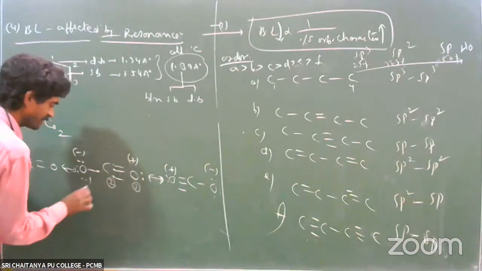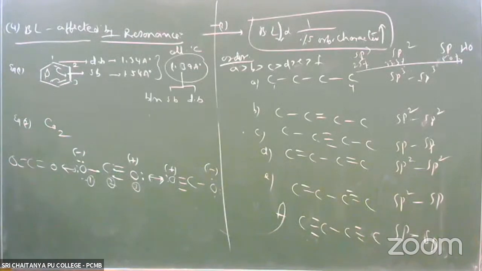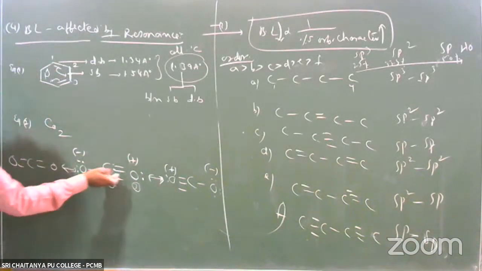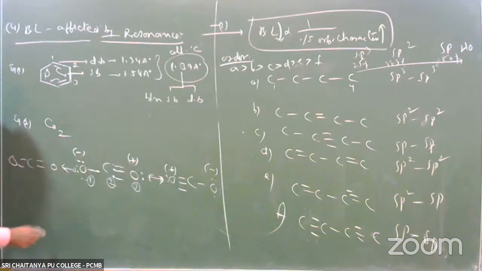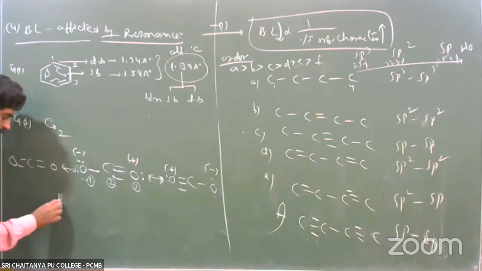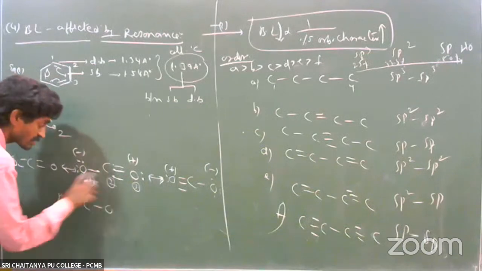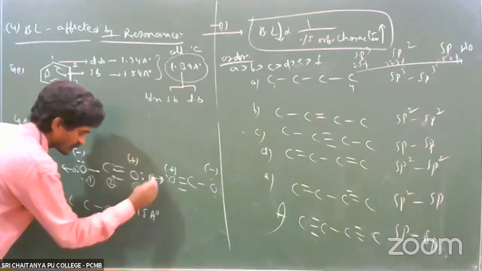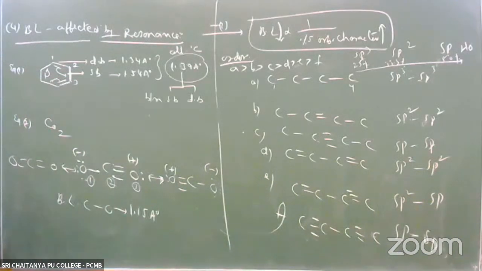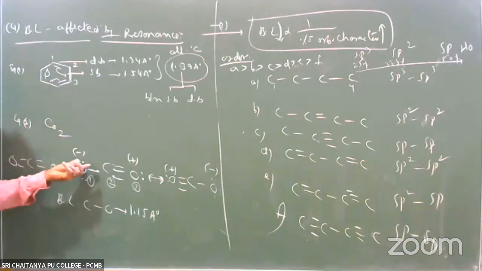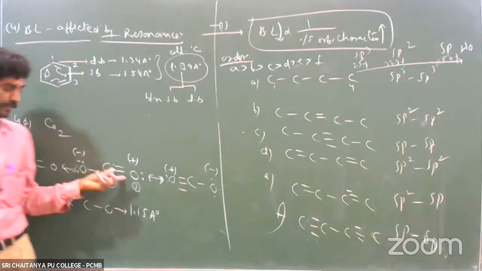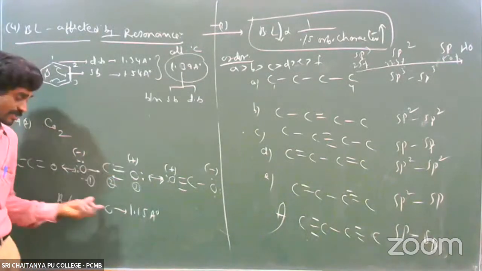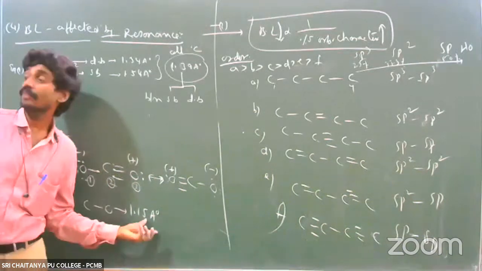Now the bond length, because of this resonance effect, the carbon-oxygen bond length is 1.15 angstroms. Actually, for a single bond it would be 1.24, and for a triple bond 1.10, but it is in between these two, 1.15 angstroms.